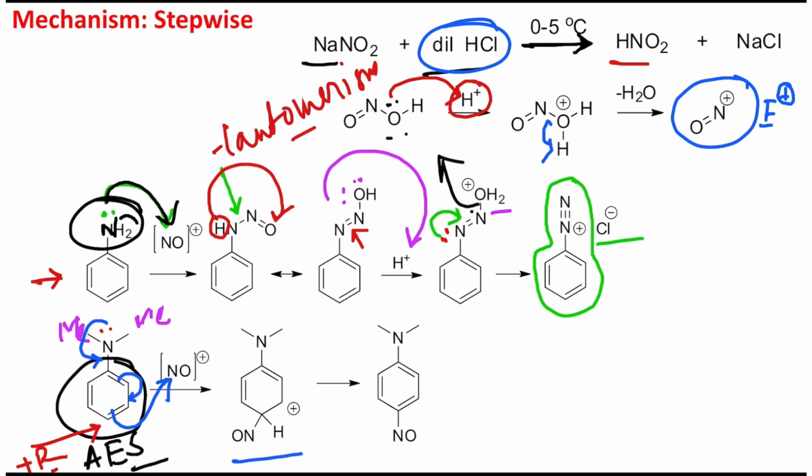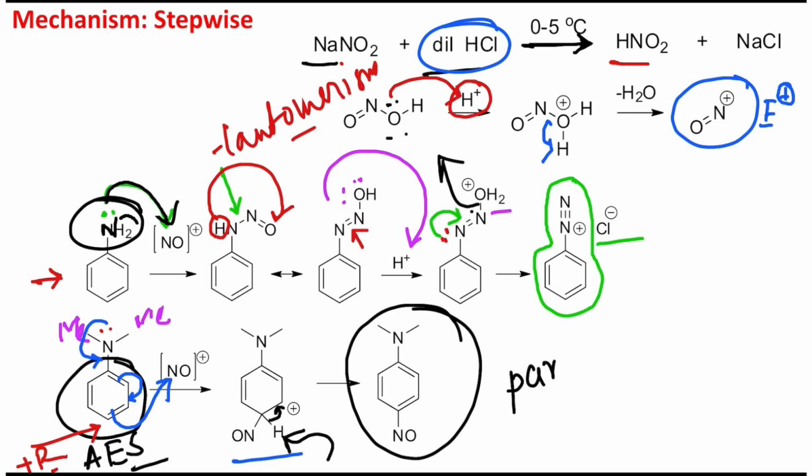Later on, this proton is eliminated from here and produces this aromatic compound. More specifically, this is the para substituted compound, para nitroso-N,N-dimethyl aniline. So this is actually the difference in reactivity that you should know.